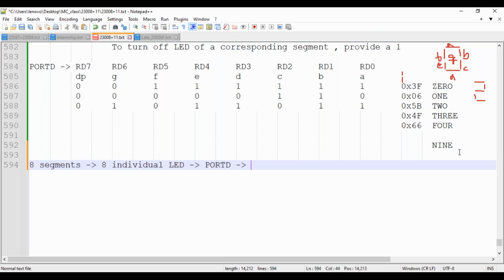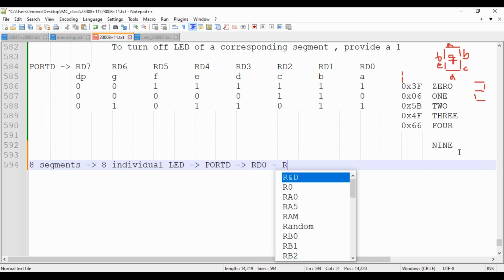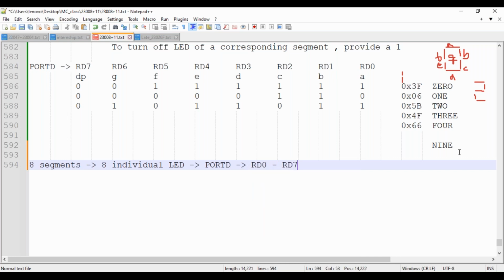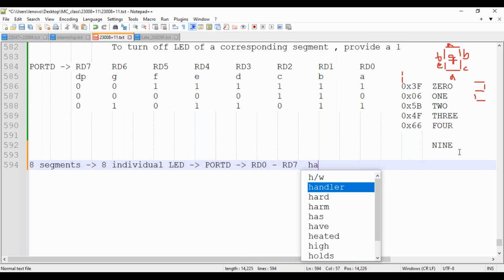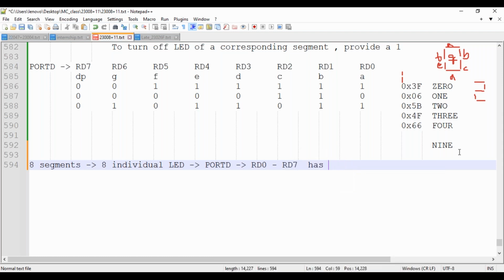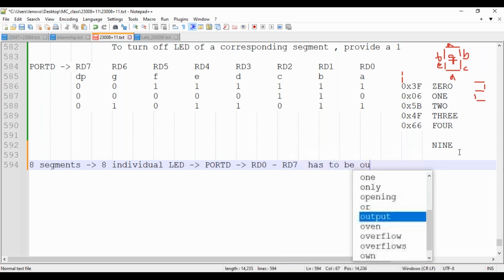There is in fact an LED connected. So you already know when it is an LED, the pins should be treated as output. So RD0 to RD7 has to be treated as output.